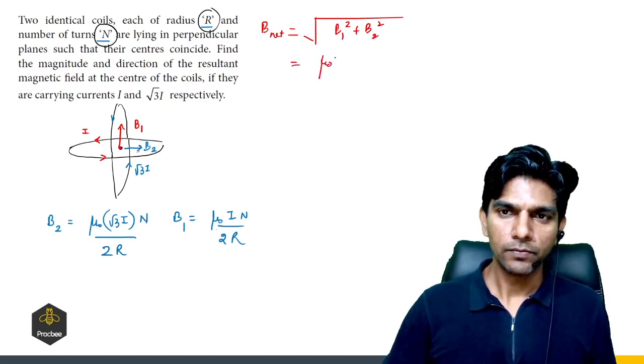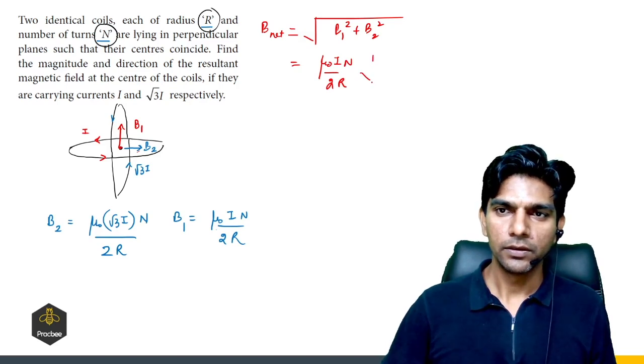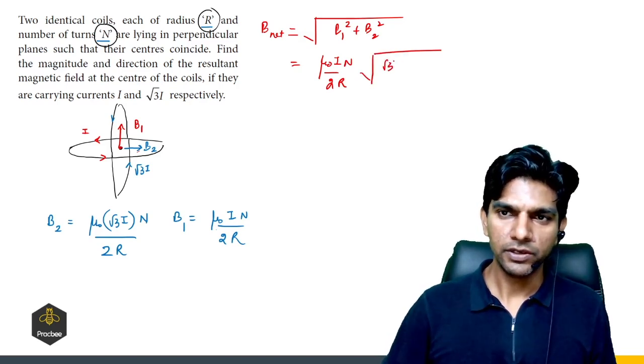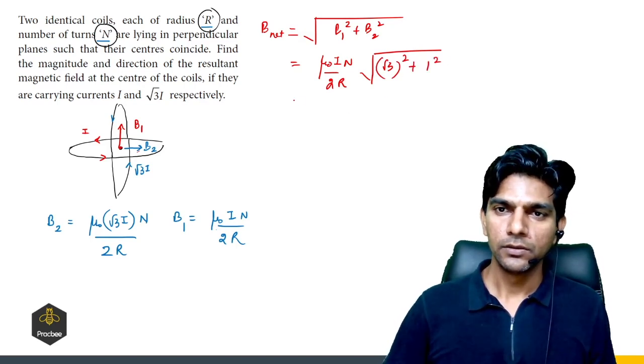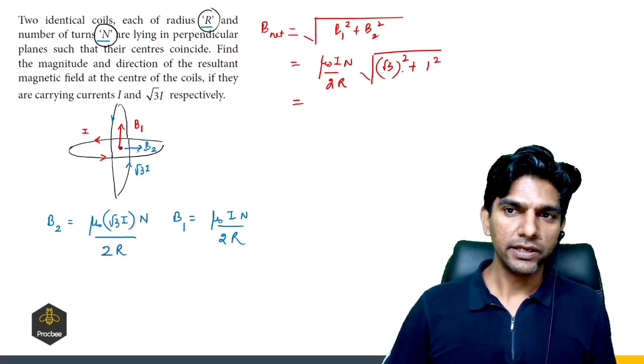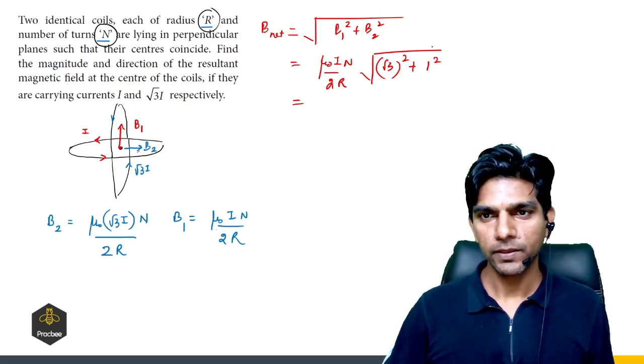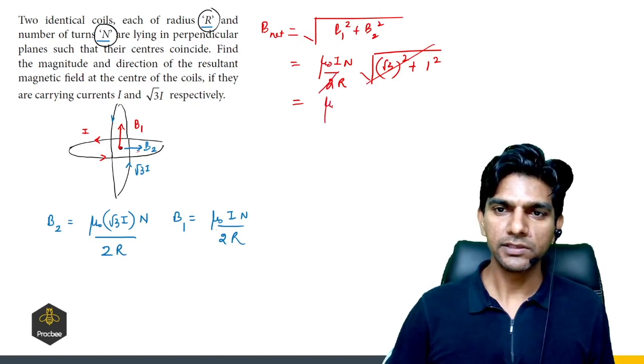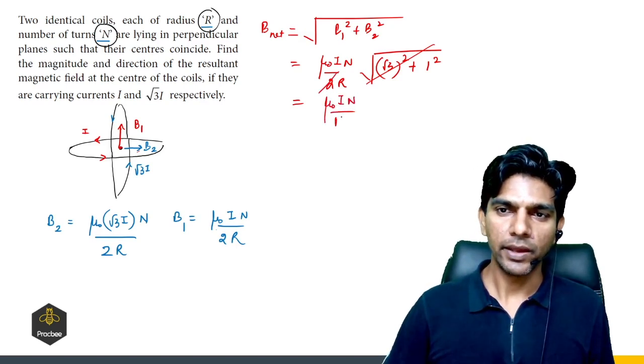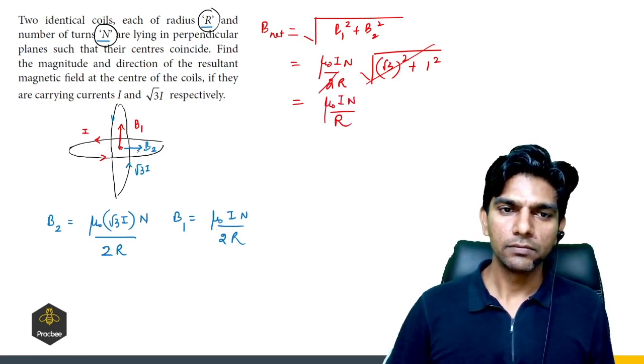Now mu naught I by 2R times N will come out, and we have root 3 squared plus 1 squared. So root 3 squared is 3, 3 plus 1 is 4, and the square root of 4 will be 2. So this will get cancelled out. So this is the net magnetic field at the center.